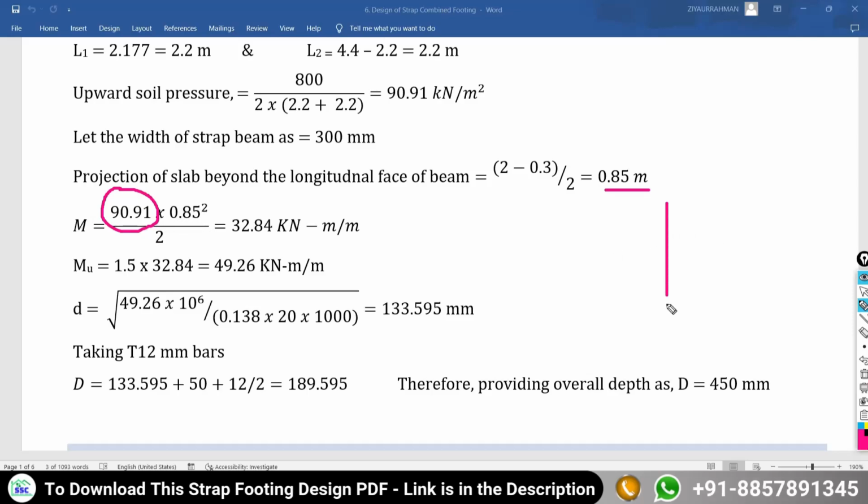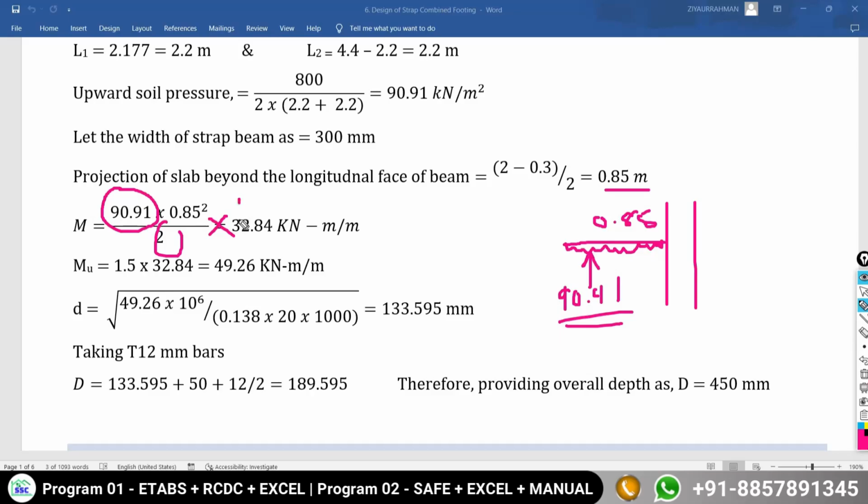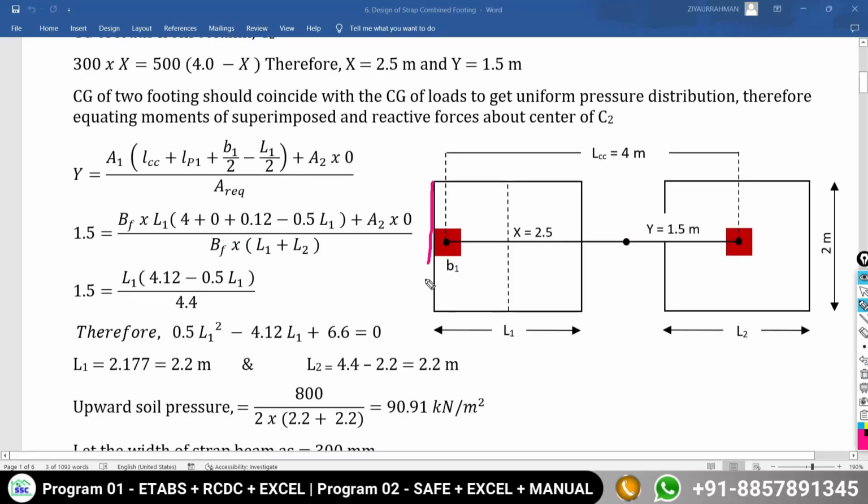Suppose this is our beam line and this is our cantilever portion, that is 0.85. Okay, so the upward soil pressure is present here with an intensity of 90.91. The upward soil pressure is multiplied with the square of the cantilever projection, divided by 2, multiplied by unit width. So we are going to do the calculation along the width of the foundation.